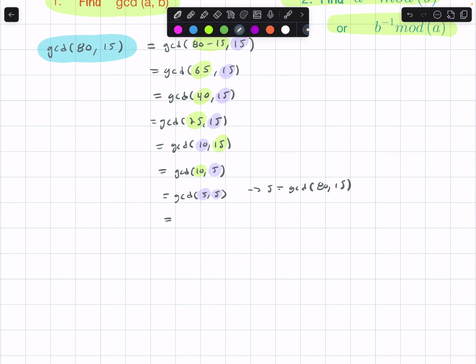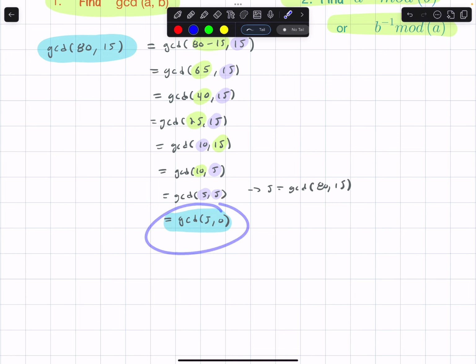The next step: at this point, I know the GCD is 5. If I went one more step, you would subtract 5 from 5. This would be the GCD of 5 and 0. This doesn't make a lot of sense here, or I mean, it kind of does, because every number divides 0, and the divisors of 5 are 5 and 1.